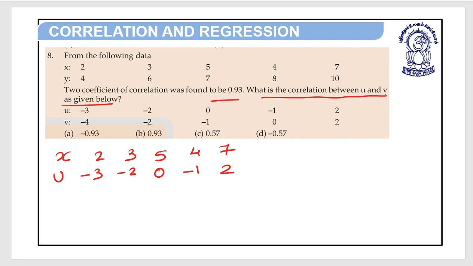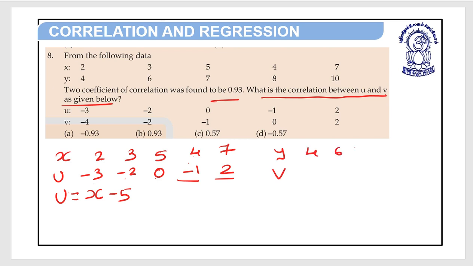We have to find the generalized equation. 2 minus 5 is minus 3, 3 minus 5 is minus 2, 5 minus 5 is 0, 4 minus 5 is minus 1, 7 minus 5 is 2. So we write u is equal to x minus 5. In the same way for y and v.